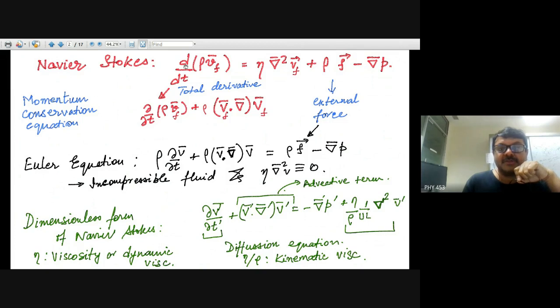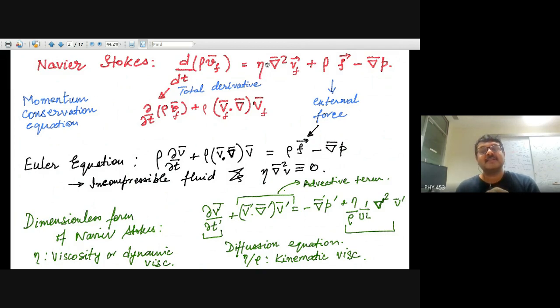Because I want you to notice this equation. If you had no pressure gradients and these terms, this is essentially a diffusive equation. If rho is a constant, not changing, for an incompressible fluid, then eta by rho is something like the diffusion constant.